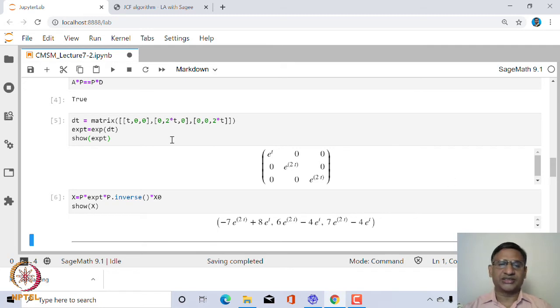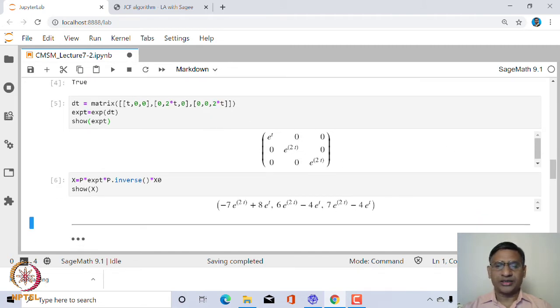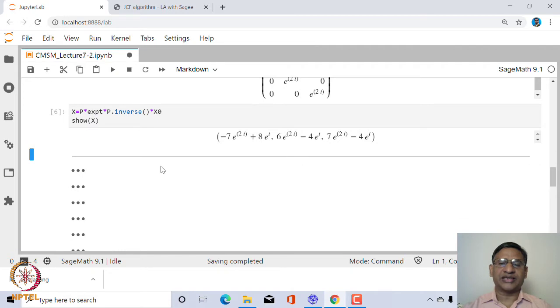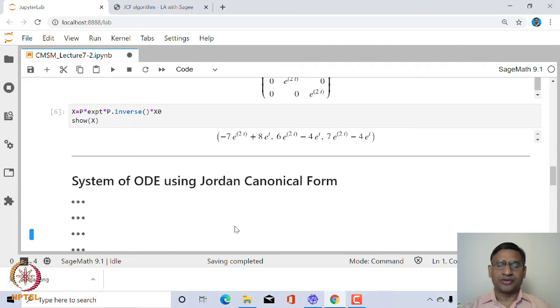Of course, there is the price you pay in diagonalizing the matrix, right. Now what if that matrix is not diagonalizable? How do we solve that? In order to solve such systems of ordinary differential equations, one has to use the notion of Jordan canonical form.